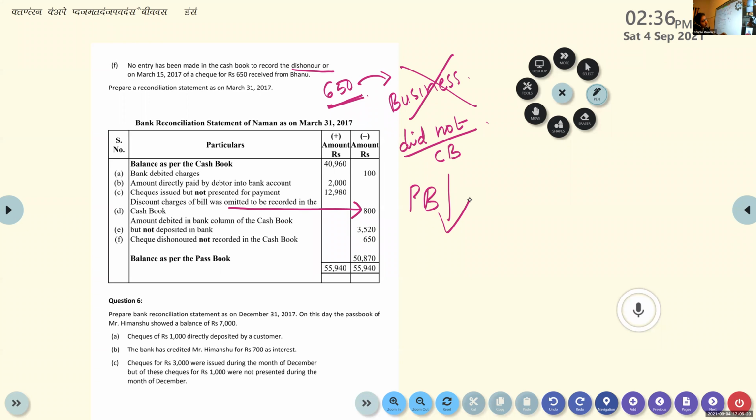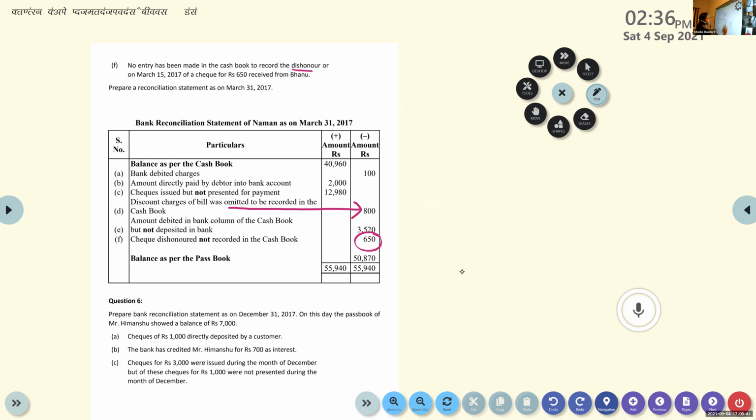I mean, there is no such deposit in the passbook. So, the passbook shows a lower balance. So, what to do? From the cash book also, this has to be reduced because the business did not receive it. That got dishonored.